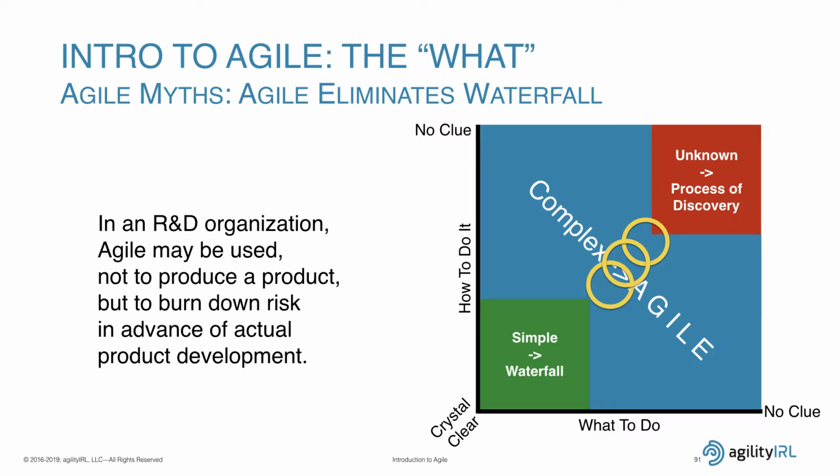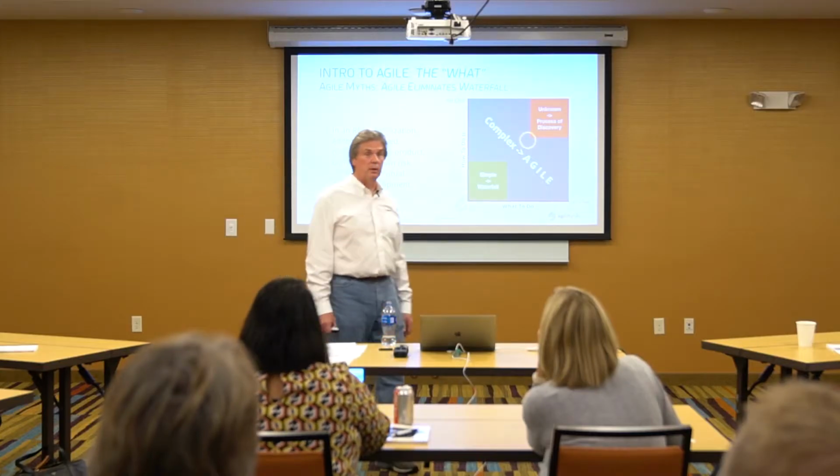So I want to back up because we talked about what if you don't produce a tangible product. When we've worked with R&D organizations within a larger product development organization, they don't produce a product. Their job is to reduce risk for the product development team. So they'll test out different hypotheses. Say, will this be viable? Will this, one, solve the problem?